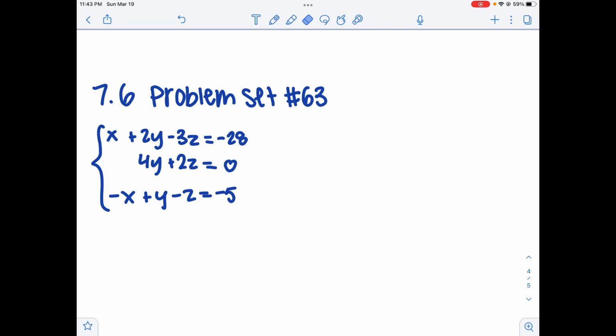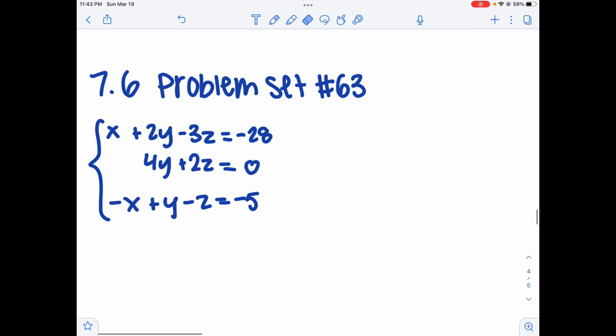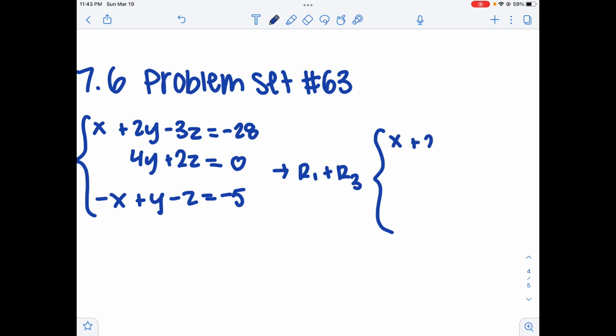The next problem I missed was from the 7.6 problem set as well, number 63. We have this setup, and first we're going to get into row echelon form. So we do row 1 plus row 3. That now becomes x plus 2y minus 3z equals negative 28.